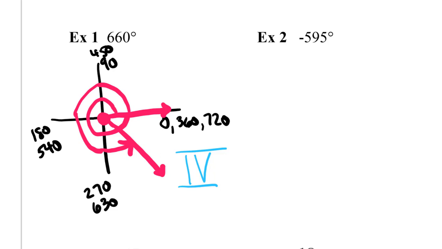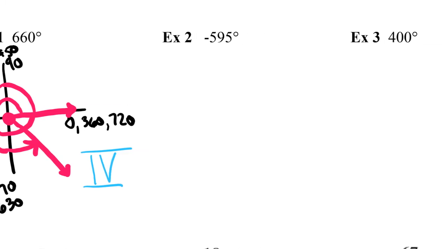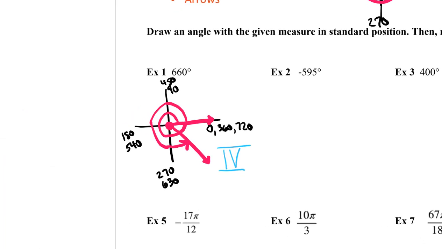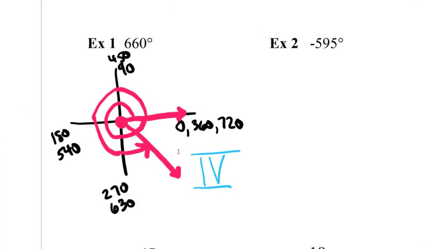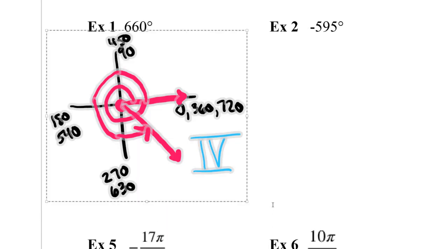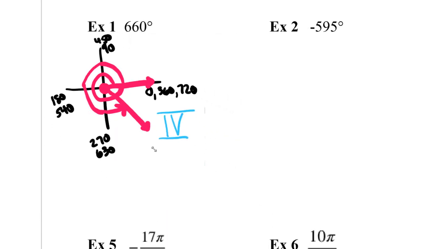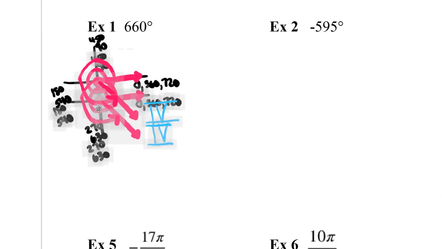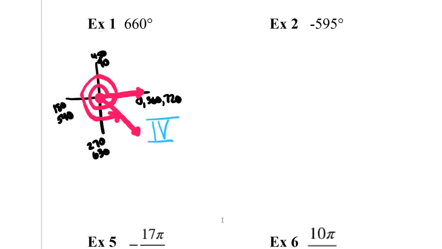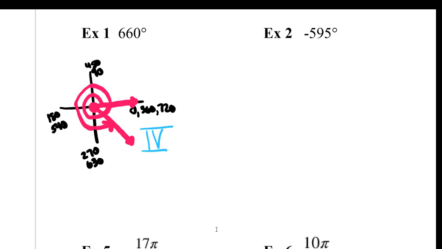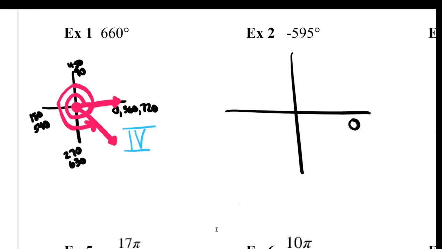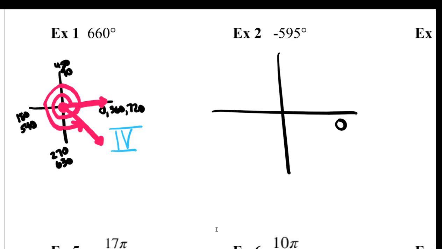Now let's take a look at a negative angle. Let's make this one a little bit smaller, just so we give ourselves a little room over here. When we look at a negative angle, our setup is kind of similar, but there's a small thing I want you to pay attention to. When we draw our axes, we still start at 0. However, 90, instead of being at the top of the y-axis, is going to be at the bottom, because now we're at negative 90 instead of positive 90.